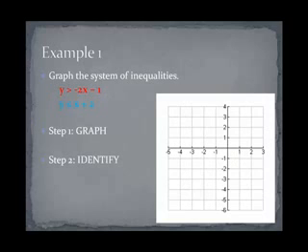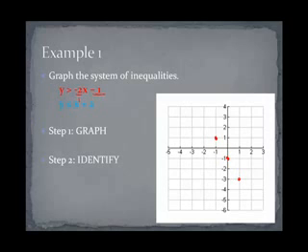I'm going to find my y-intercept, which is this negative 1 right here. So I'm going to make a point right on negative 1. Then I just follow my slope. My slope for this one happens to be negative 2 over 1. So I'm going to go down 2 over 1 to get this point at (1, negative 3). I can also go up 2 and back 1.